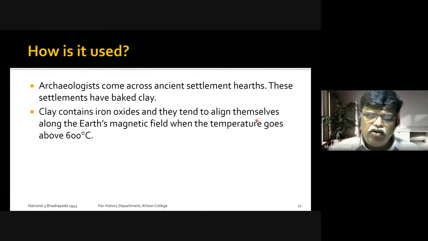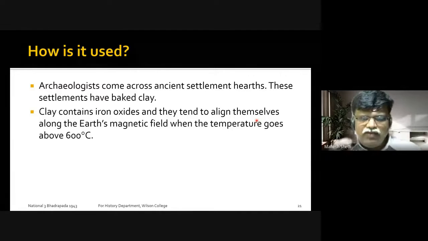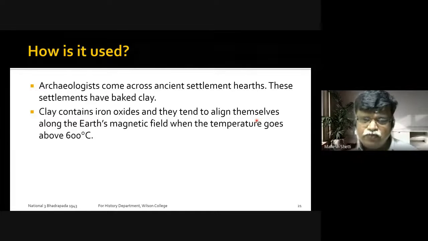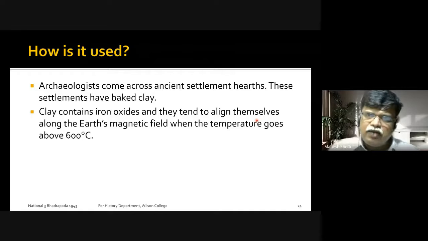So when you create a fire, you are typically creating a temperature of around 600 degrees or higher. Whatever iron oxide, whatever iron atoms were there, those iron atoms will align themselves with the external magnetic field. And after some time, suppose the settlement changes its place.